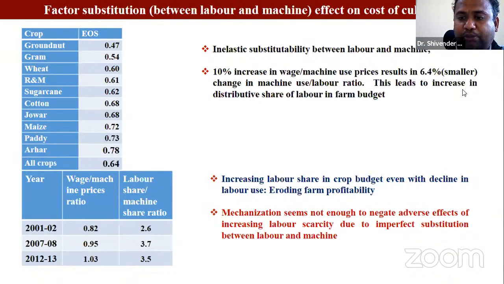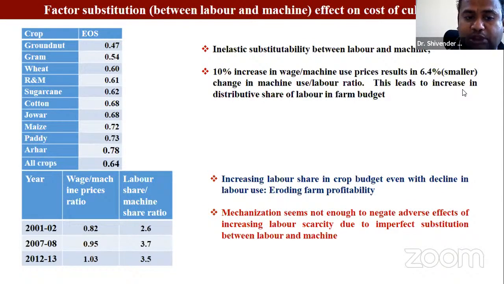The farmer will substitute labor with machine when he finds that the machine is now cheaper than the labor. If the machine is not cheaper than the labor, if the prices, let's say, increase in the same proportion, both the price of labor and machine, he may not like to substitute.